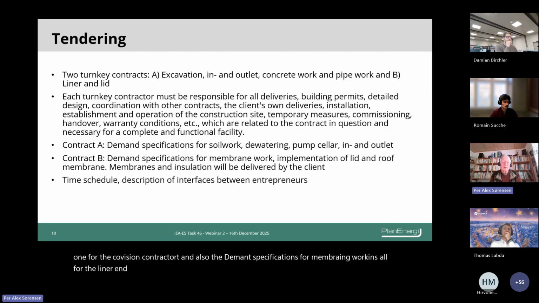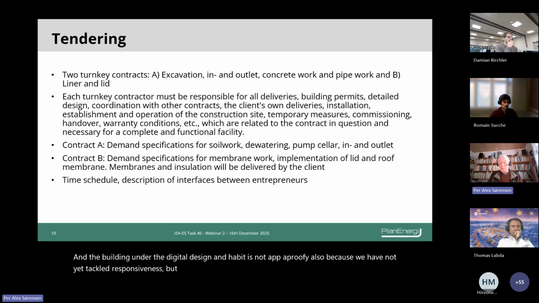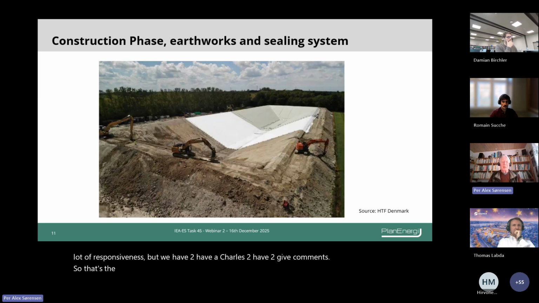And then the entrepreneurs who win the contracts have to take over responsibilities and also to show us and the building owner the detailed design, not to have it approved by us, because then we would take responsibility, but we have to have a chance to give comments. So that's the way we have made the tendering.